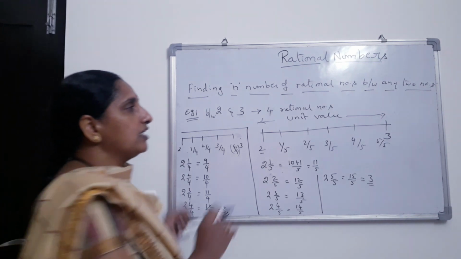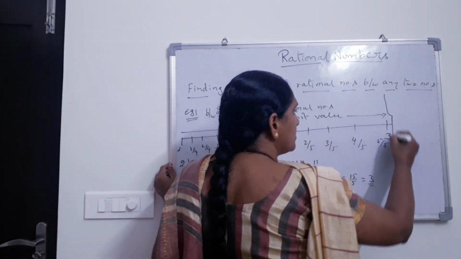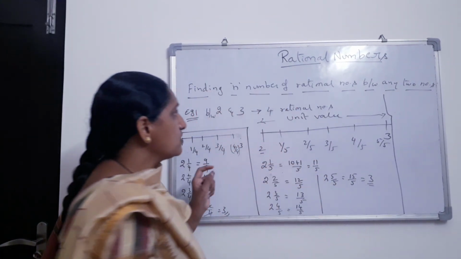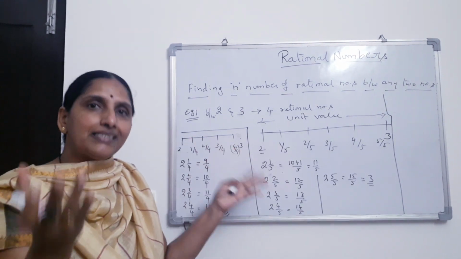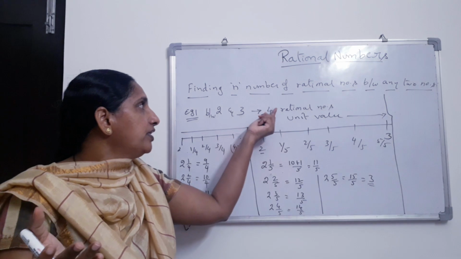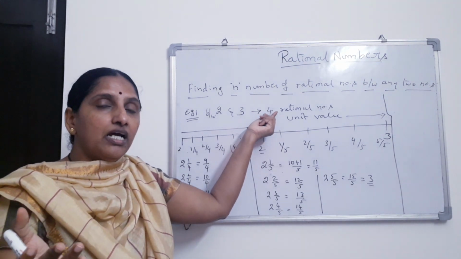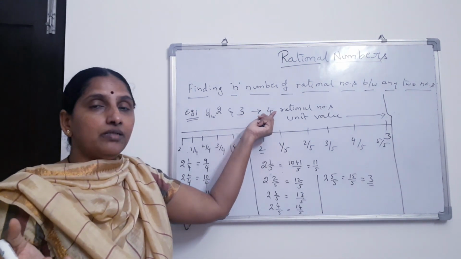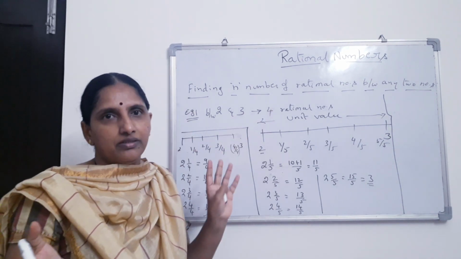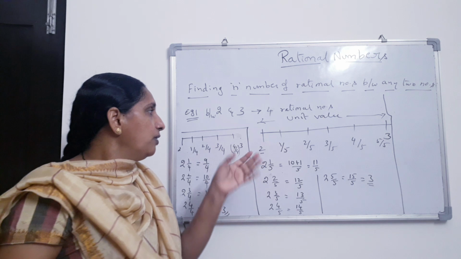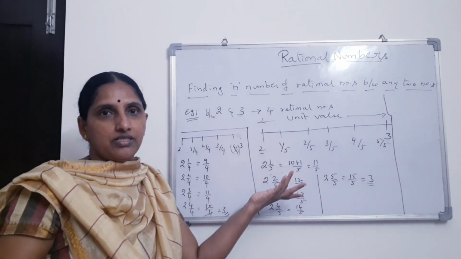So, the general rule that you have to remember here is that whenever you are asked to find a number of rational numbers between two numbers, excluding them, you add 1 to that number. That means if n rational numbers are asked, your denominator should be n plus 1. That means you have to make n plus 1 divisions.